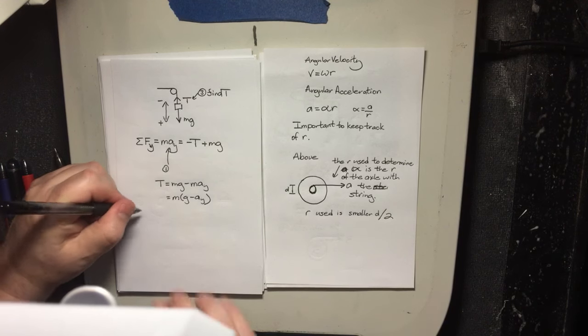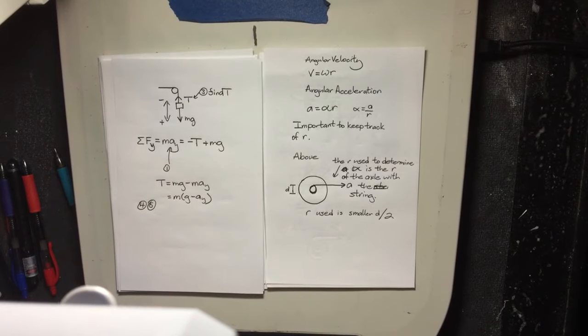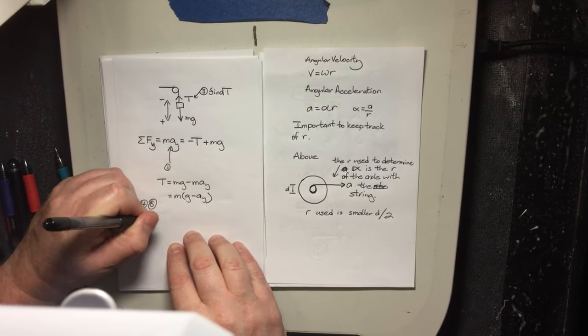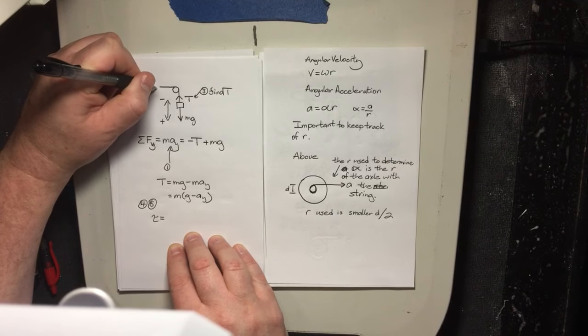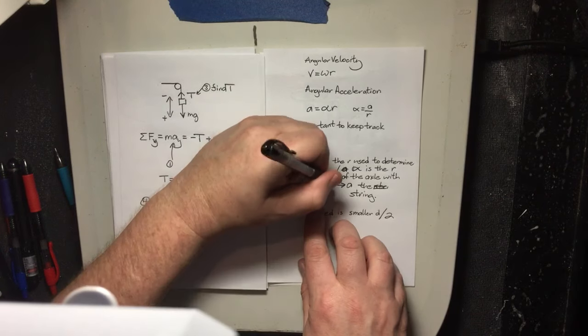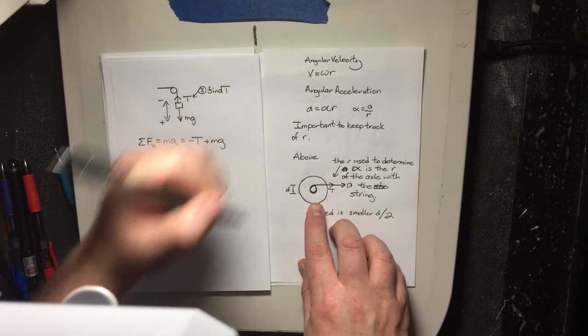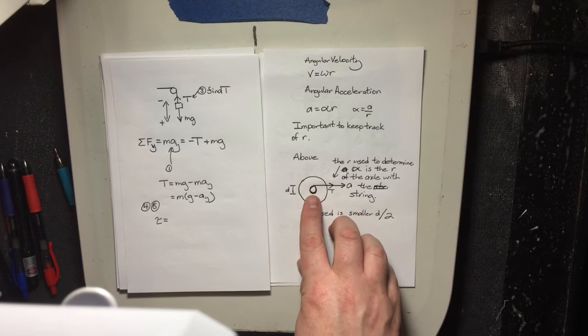Now, for part 4 and 5, I'm not sure what the purpose of point 5 is. But 4, what's the torque by the tension? So torque, since this is looking from above, that tension on the string is at a right angle to the radius on the axle.